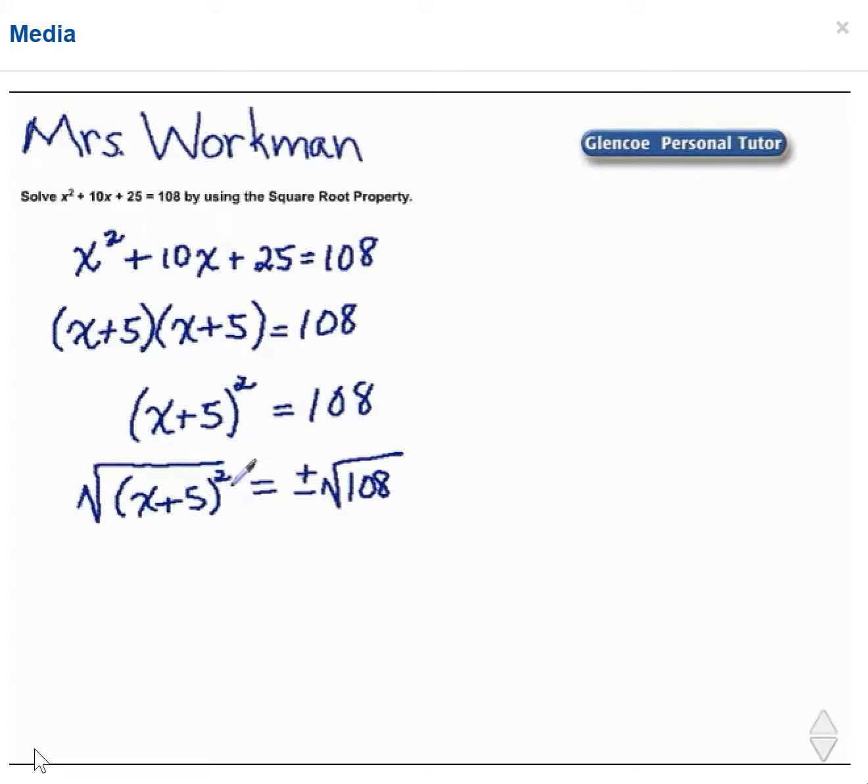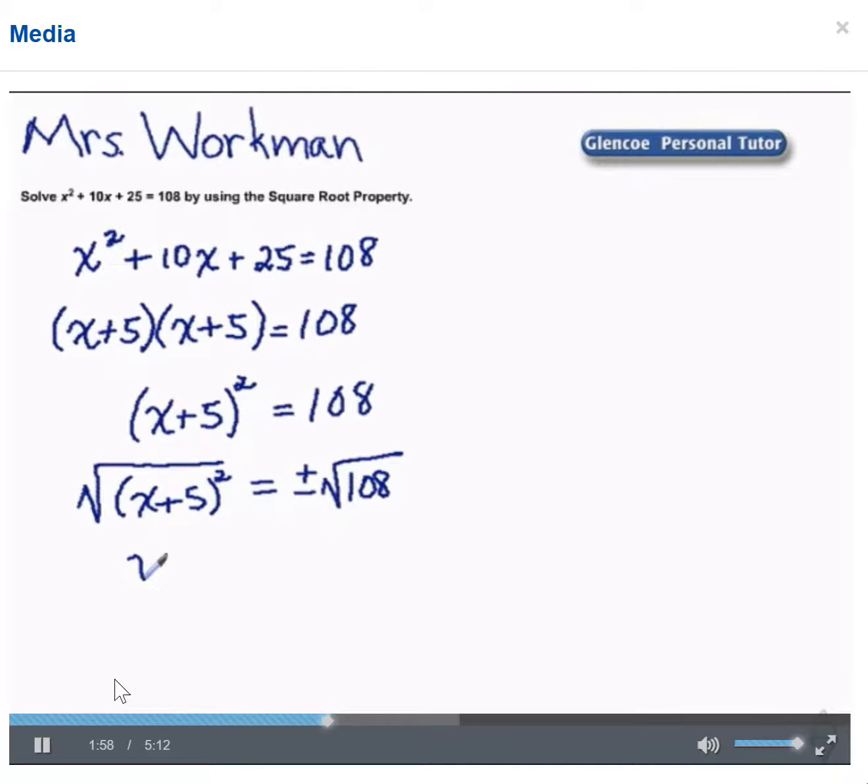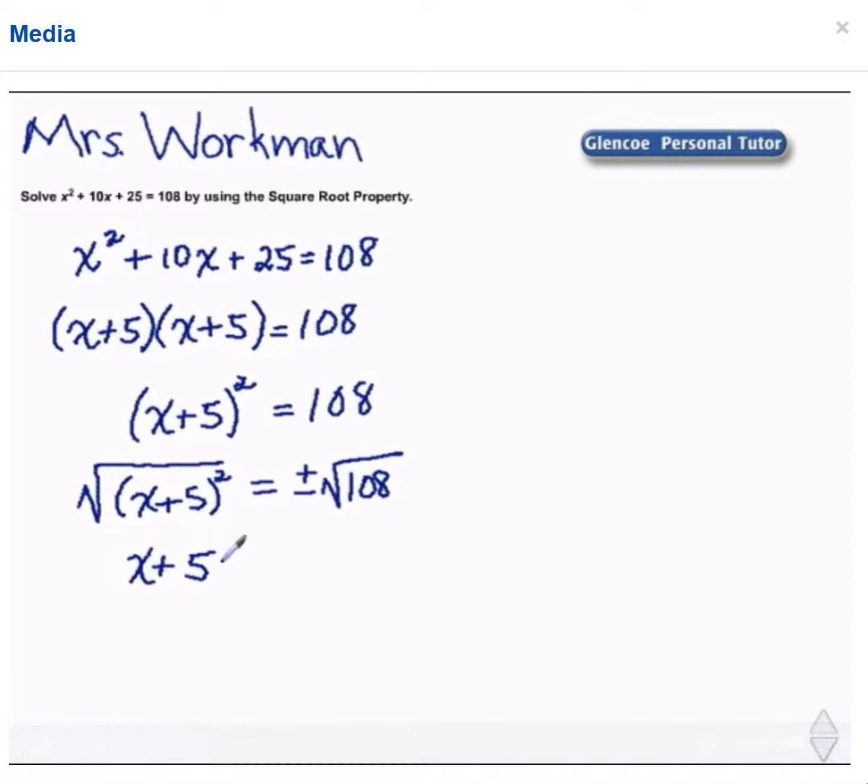Here the squaring and the square rooting cancel each other out. And you can see as we do each step in the solution process, we are getting to that x value. We're getting closer and closer to it.